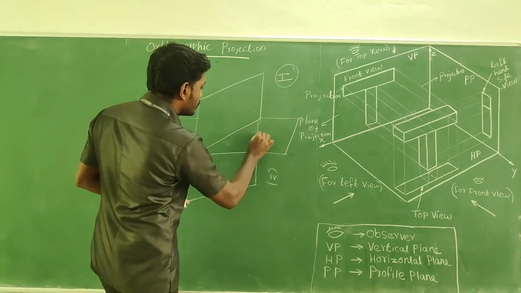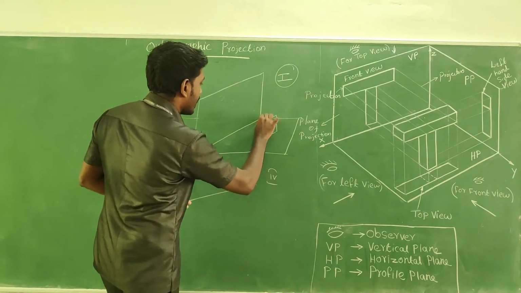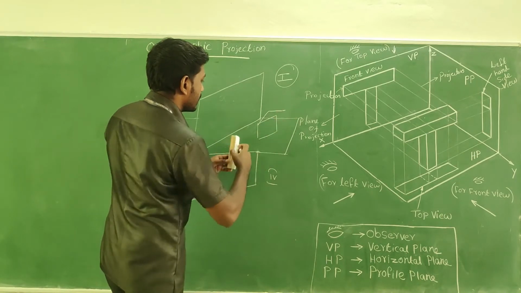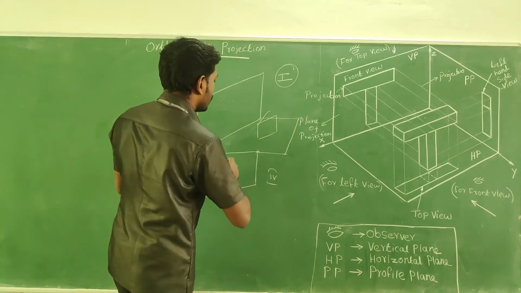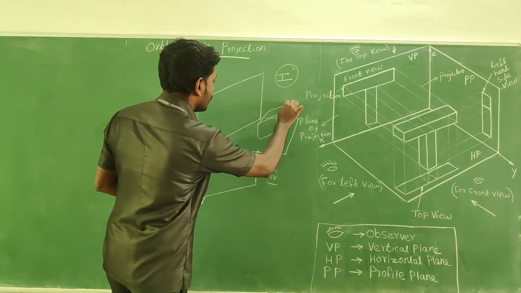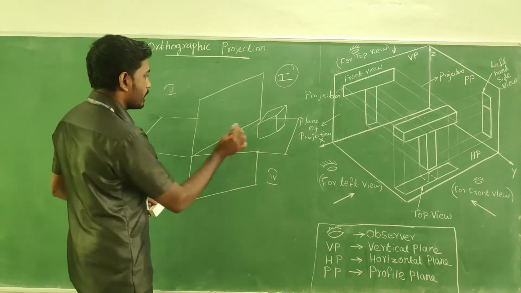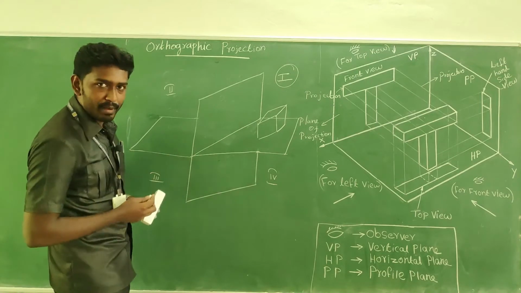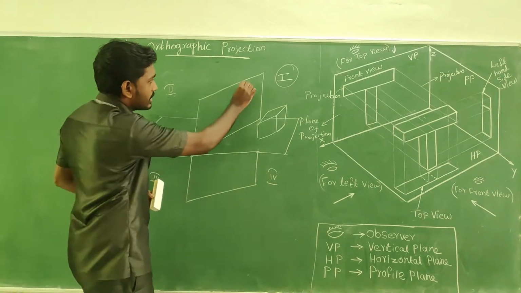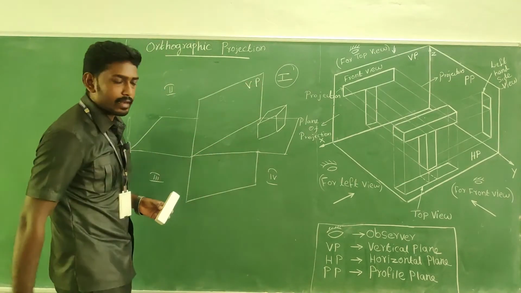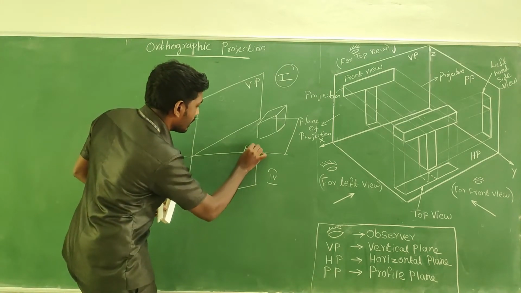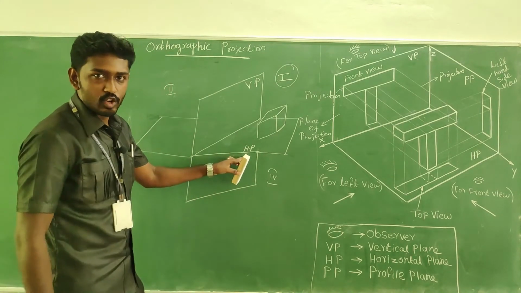So if I keep any object in this manner, something like this, with reference to the planes, this plane I will call VP, vertical plane, and this plane is the horizontal plane.